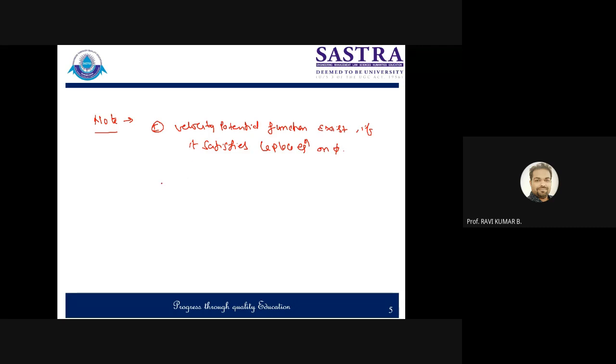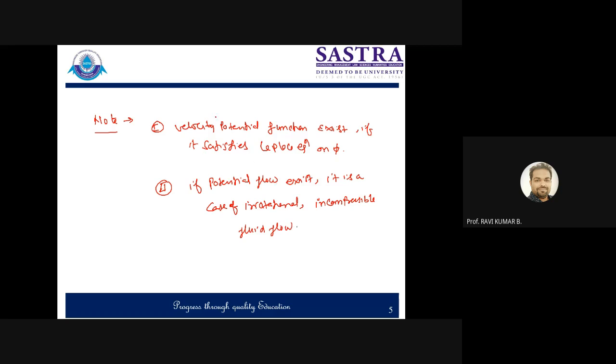Second, if potential flow exists, it is a case of irrotational, incompressible fluid flow. These are the two important observations.